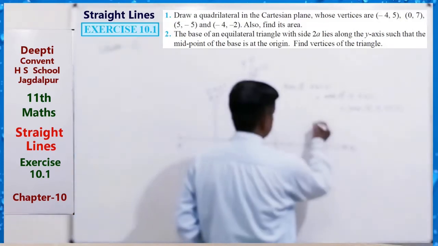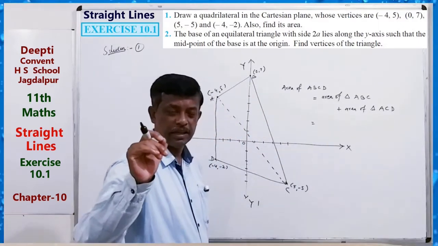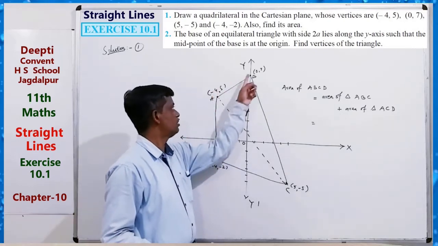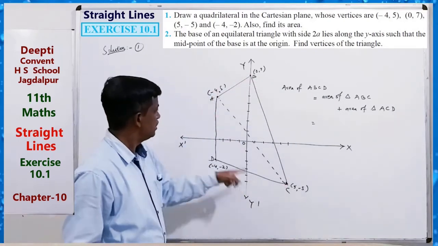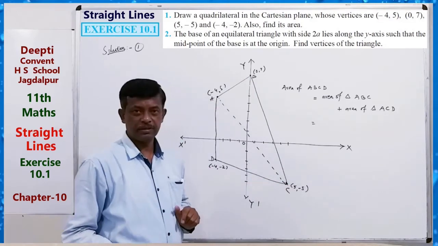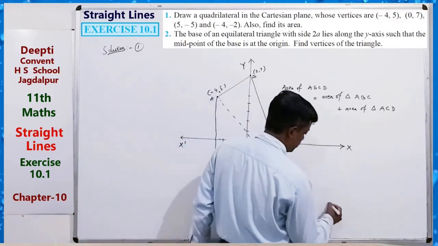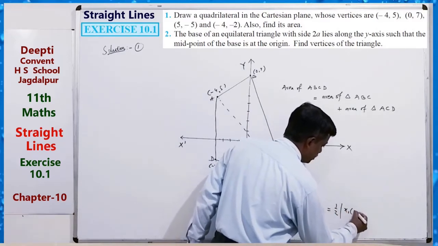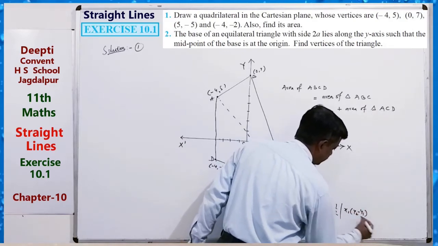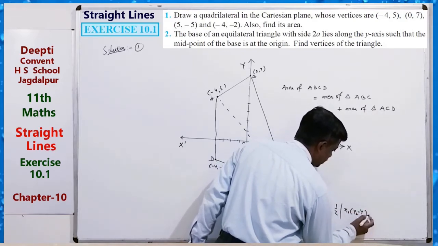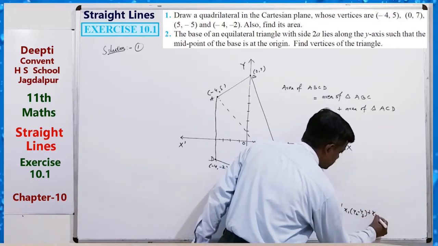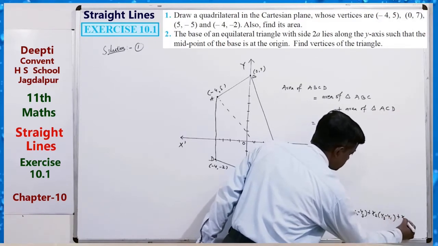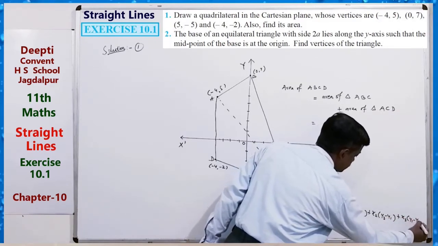So we can find it by using the area of a triangle in coordinate form. Here ABC means x1, y1, x2, y2, x3, y3, and ACD likewise. So what is the formula? Area of triangle is equal to half mod of x1 times (y2 minus y3) plus x2 times (y3 minus y1) plus x3 times (y1 minus y2).